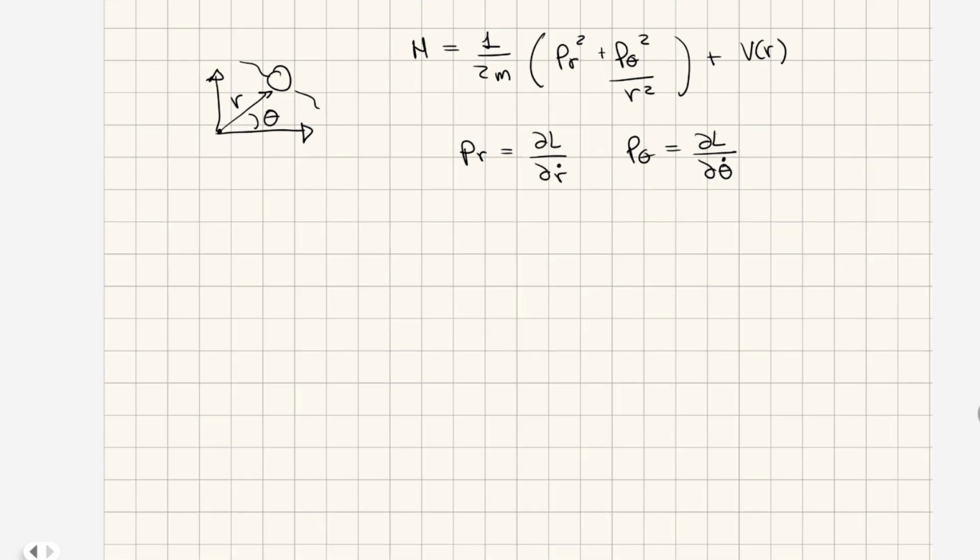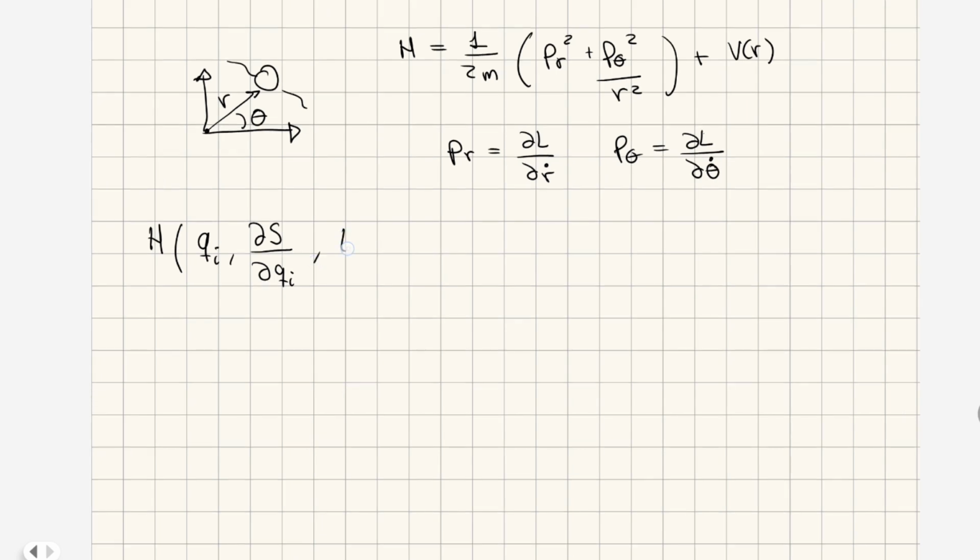Okay, and we remember that the structure of the Hamilton-Jacobi equation is that we have the Hamiltonian H as a function of q_i, the partial of S with respect to q_i, and the time, plus the partial of S with respect to t, and this is equal to 0.